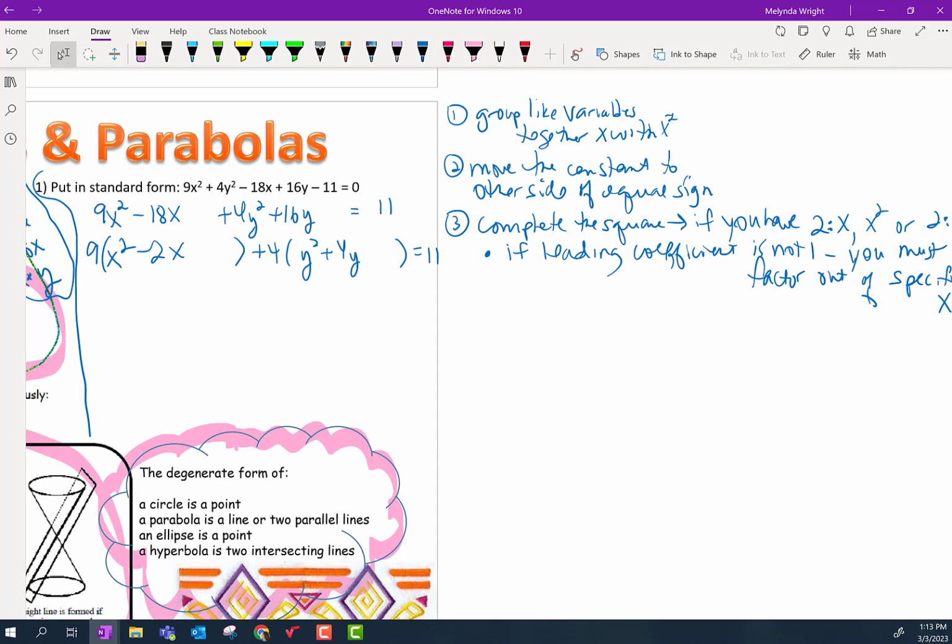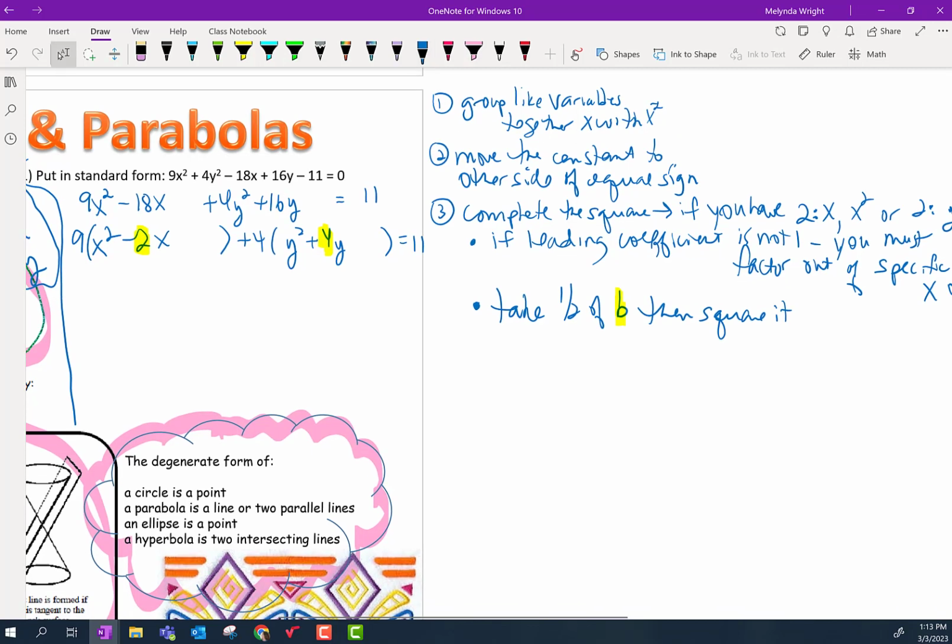Okay. Then the second bullet point for completing the square: you take half of b. Okay, b is this. I'll just highlight. That's b. You take half of b, then square it, then add to both sides.